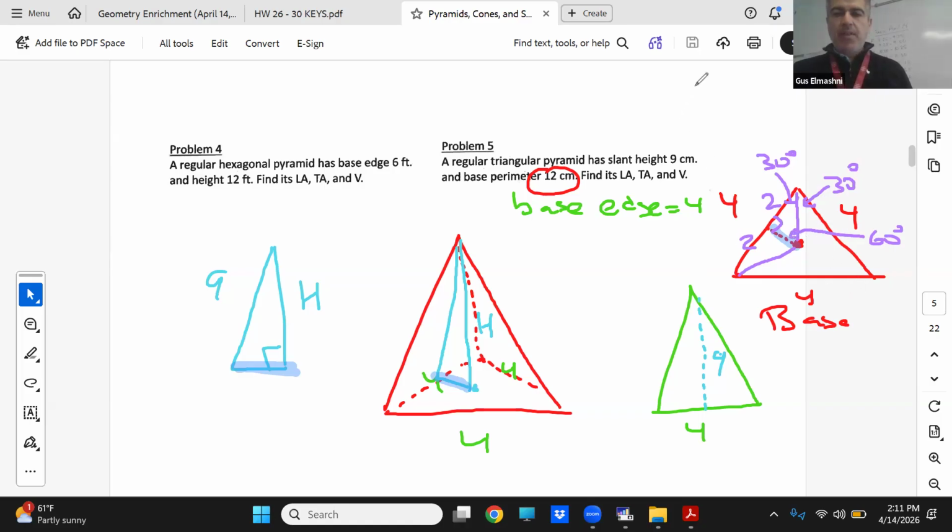So if I focus on that little triangle right there, where that's 2 and that's 60 degrees, we'll call this X. What would X equal?